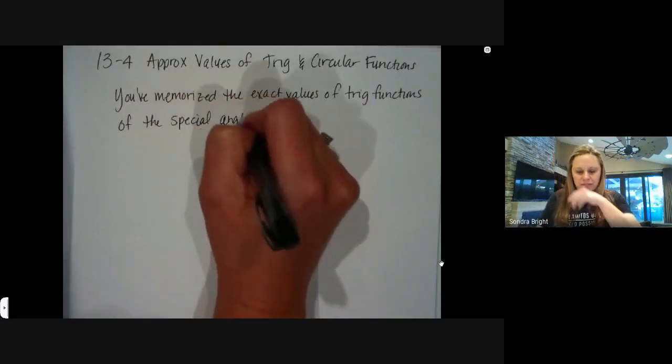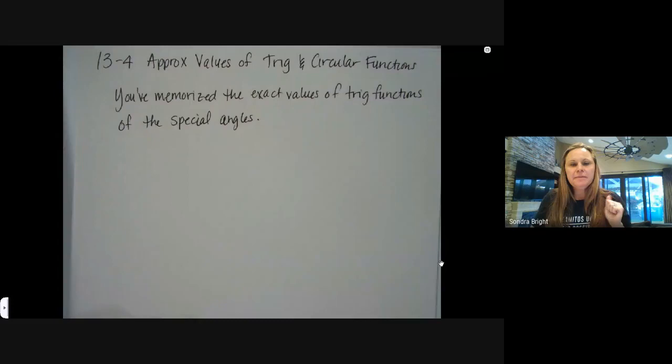Right? So the special angles were 30 degrees, 45 degrees, 60 degrees, and then the quadrantals: 0 degrees, 90 degrees, 180 degrees, 270 degrees. And then all of the angles that you can go around the circle and use those reference angles, we were able to find all of those also.